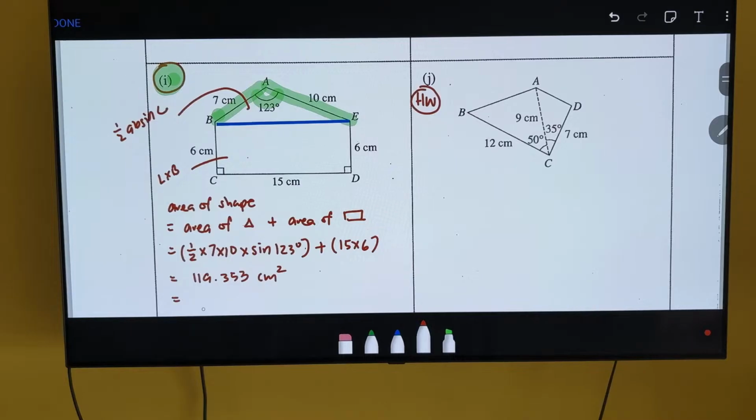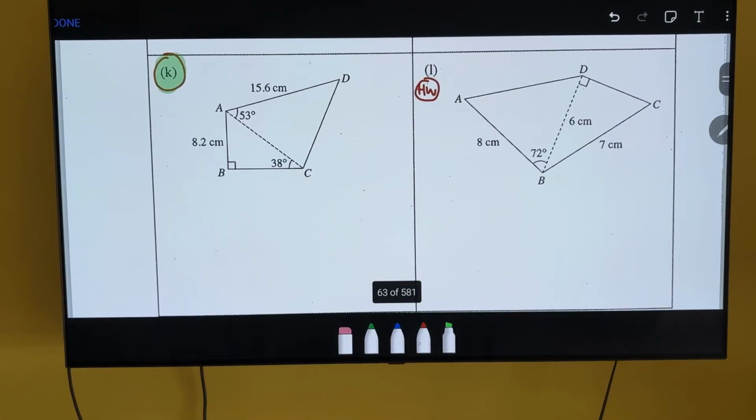We round it off to 3SF. Let's move on. For question J, it's something that you can do as well. It's a composite figure made up of smaller shapes.